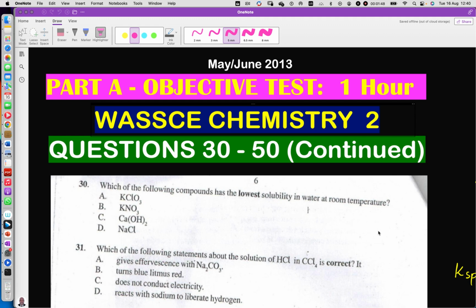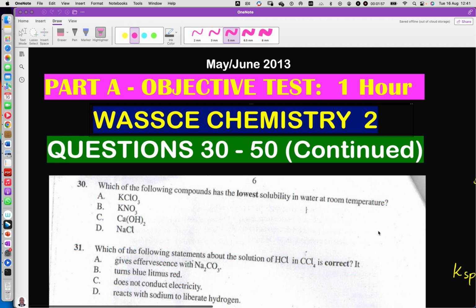But using our solubility product expression, which is this one here, we use for potassium chlorate, it is not like that. For potassium nitrate, almost the same. For sodium nitrate, the same. But the one that differs from A, B, and D is C.